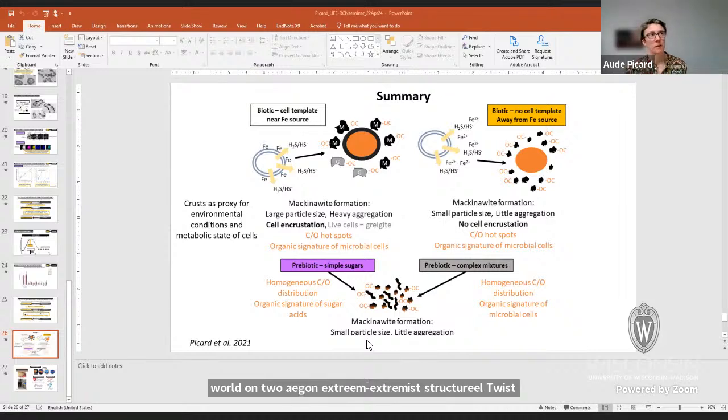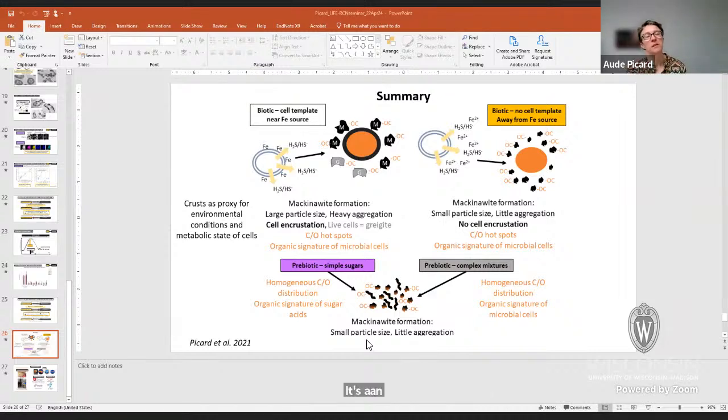And for the other ones, incrustation would lead to something that is basically not good. The cells that are encrusted in oxides cannot assimilate carbon or anything that comes from the outside.